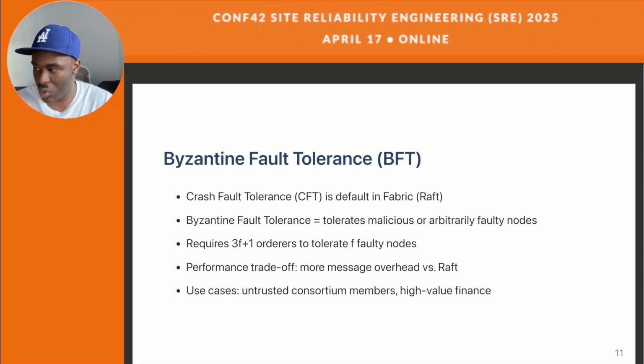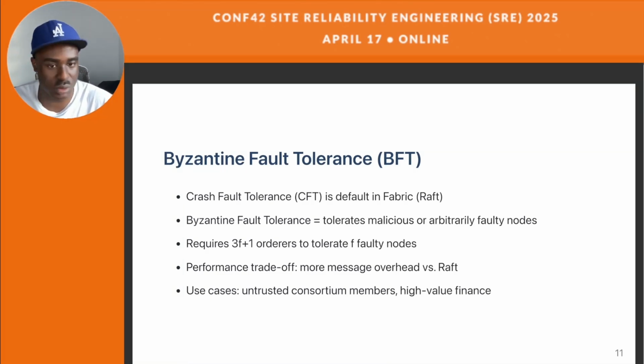So this requires 3F plus 1 nodes to tolerate failures. If you want, for example, to tolerate 1 node, you need to have 4. So that is 3 times 1 plus 1. Here F is the number of failures or malicious nodes you want to be able to tolerate.